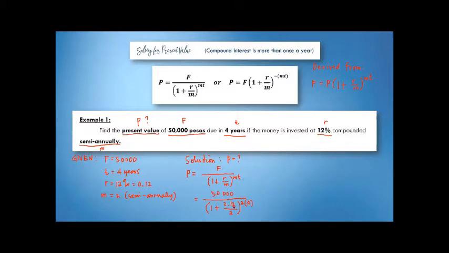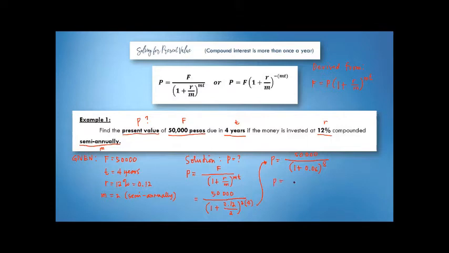So, pwede natin i-simplify ito at itong exponent. So, yan naman ay magiging P is equals to 50,000 all over the quantity of 1 plus 0.06 raised to 8. So, ibig sabihin, 0.12 divided by 2 is 0.06. Then, 2 times 4 is 8 as the exponent.